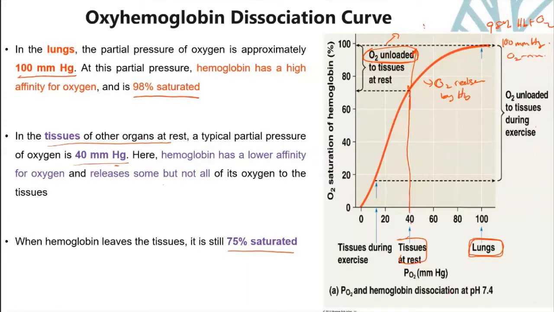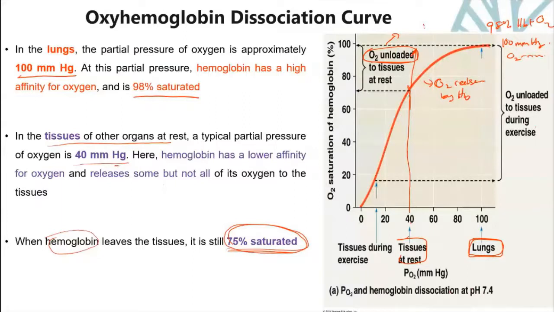So oxygen is unloaded from hemoglobin so that it can enter your body tissue to be used for cellular respiration. Tapi bukan semua oxygen dilepaskan. So the hemoglobin will still be 75% saturated with oxygen after the release of the oxygen. That is tissue at rest.